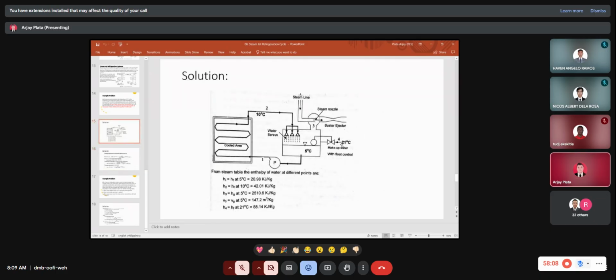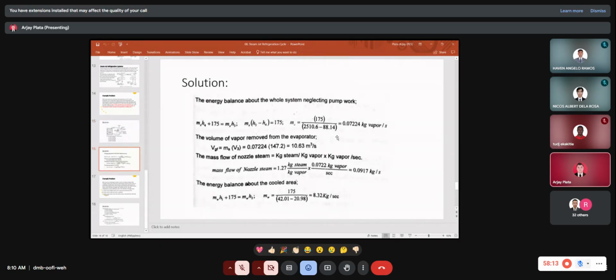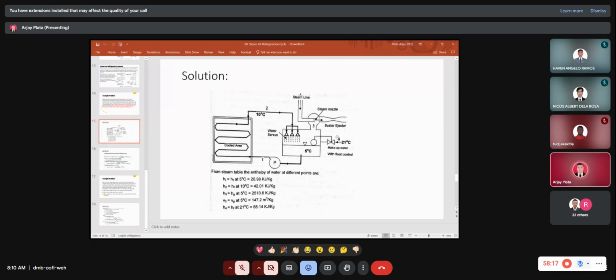So we have H4 mas flow rate ng makeup water, and then plus refrigerating effect na 175 equals yung coming out of the system, which is during evaporation at point 3. So this is our energy balance.